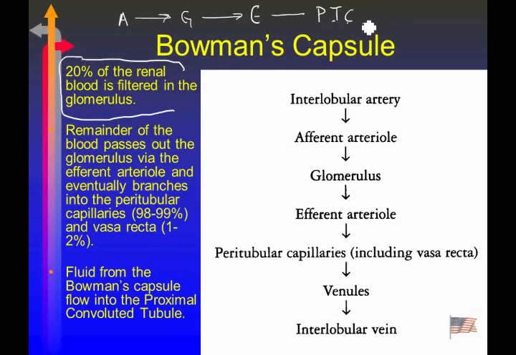So that winding thing that surrounds the proximal, descending loop, ascending loop, distal convoluted tubule, those are all those same capillaries that eventually started way back here. Okay. Once the fluid is dumped out of the glomerulus, it is then dumped into the proximal convoluted tubule. So from Bowman's capsule, it dumps directly into this next structure.